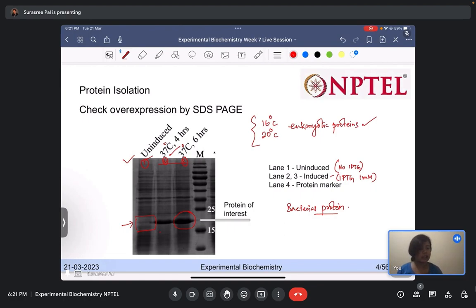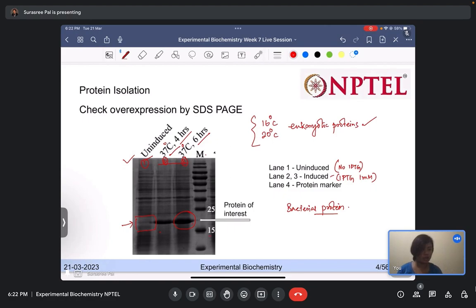And we can see that this sample was induced for 4 hours and this sample was induced for 6 hours. So in 6 hours the protein amount has increased. This is our protein of interest, and we check the overexpression by running an SDS-PAGE. And this is the molecular weight marker.